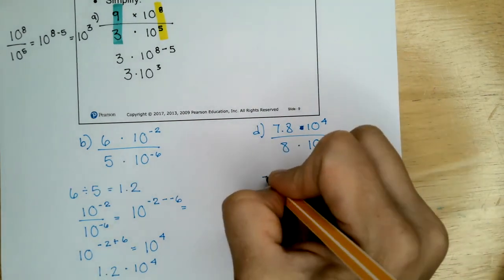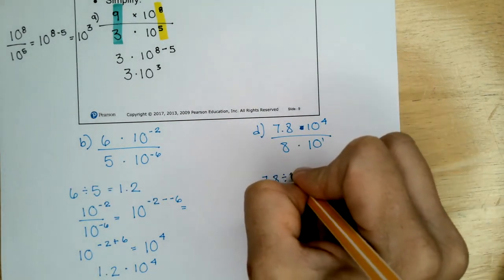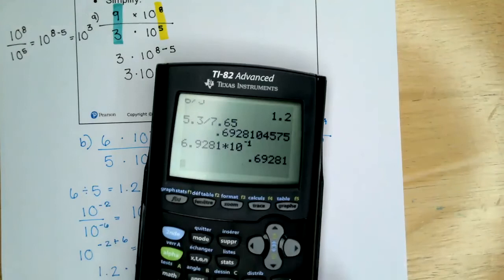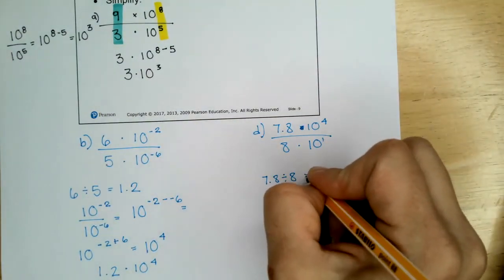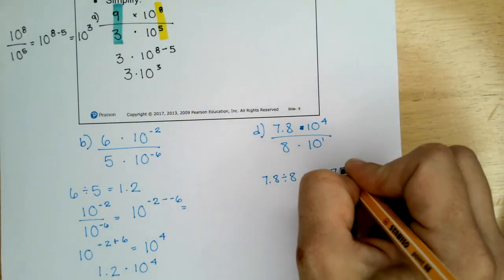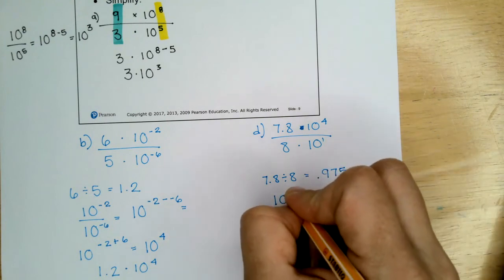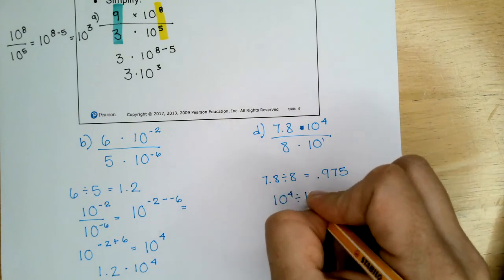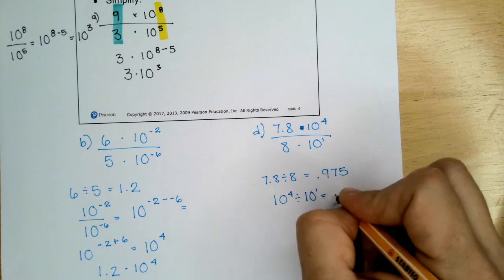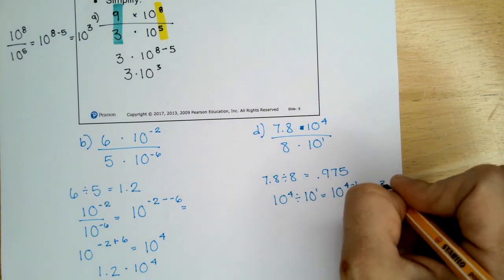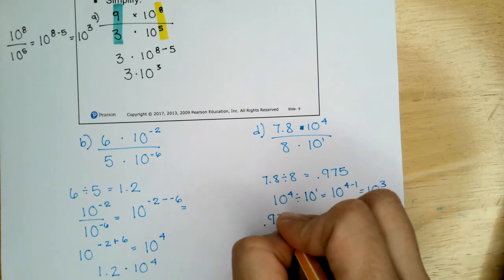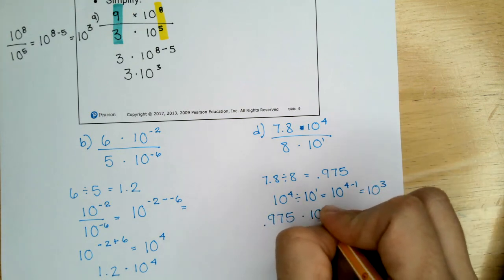Good. 7.8 divided by 8 is 0.975. 10 to the 4th divided by 10 is 10 to the power of 4 minus 1, which is 10 to the 3rd. So I have 0.975 times 10 to the 3rd.